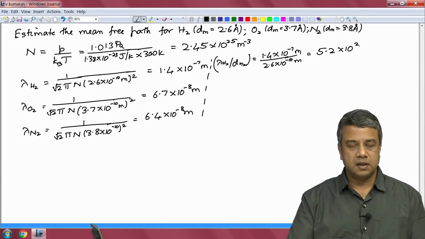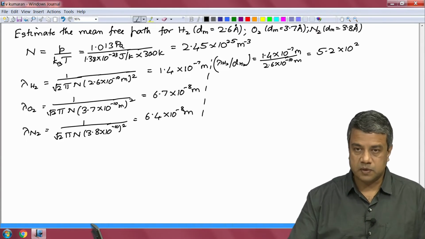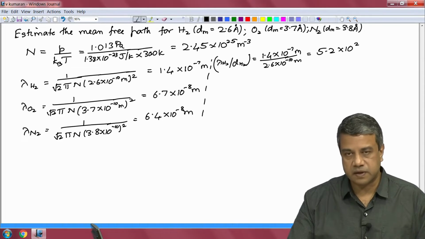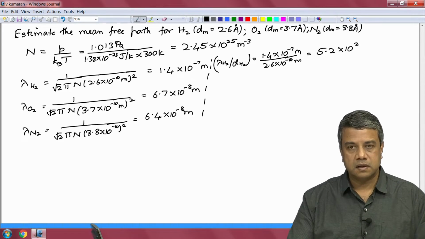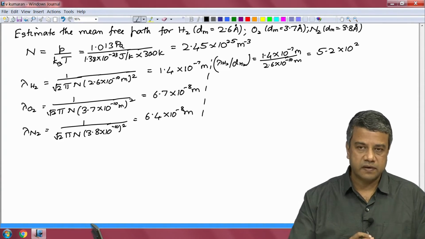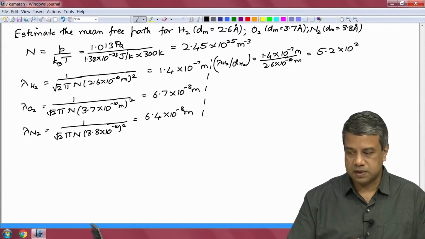So, the ratio of the mean free path and the molecular diameter for hydrogen is about 500. A hydrogen molecule travels 500 times its diameter before it collides with another molecule.